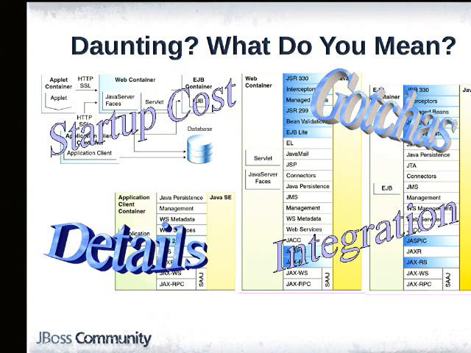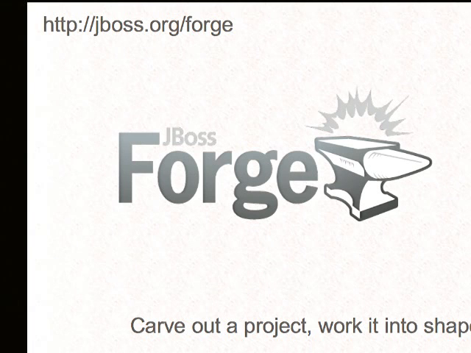So the solution that we came up with is a tool called Forge that helps you to start easily with a Java project and add different capabilities, different functionalities, in a piecemeal way.